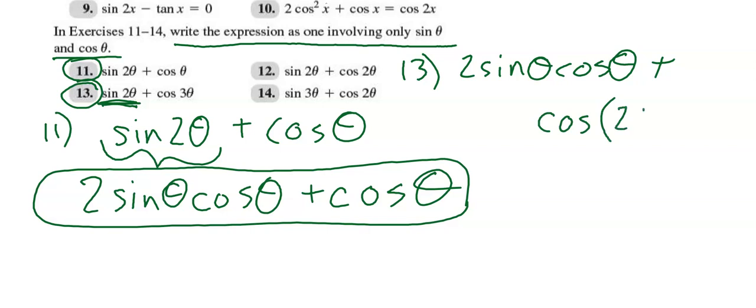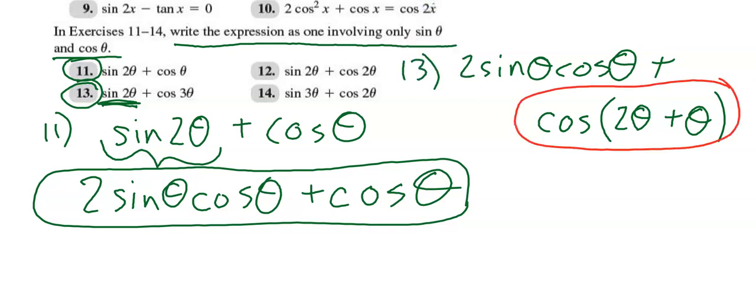We're going to split the 3 theta up into 2 theta plus 1 theta. So your attention right now needs to be focused on this part. The other part is pretty much done, right? Okay. What are we going to break that thing up into?